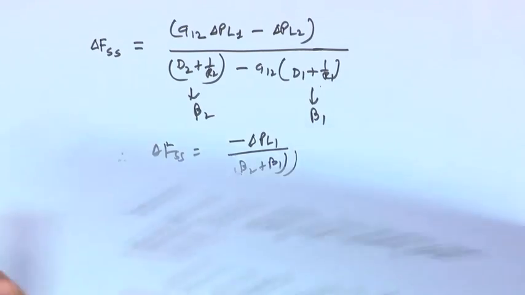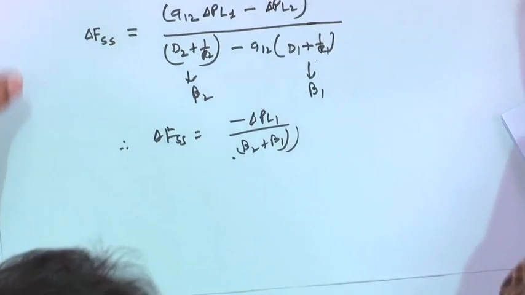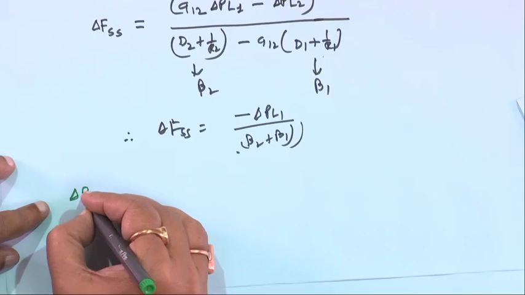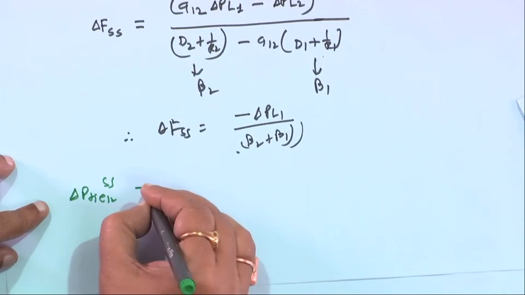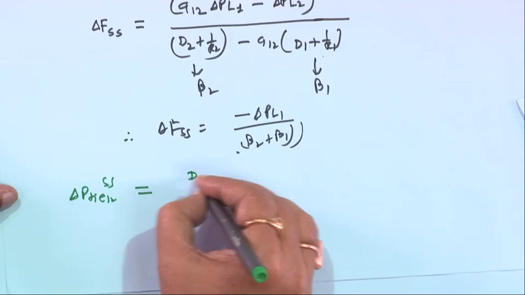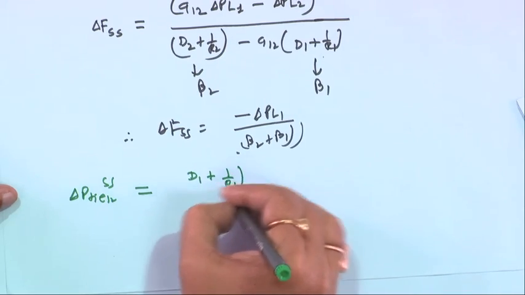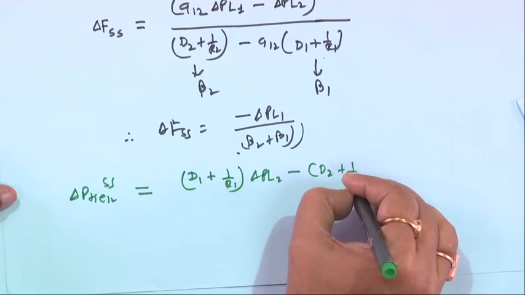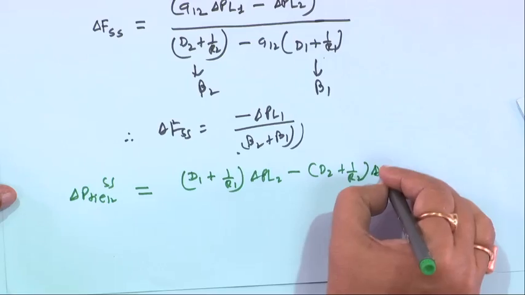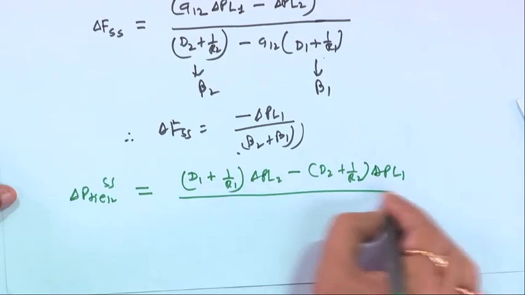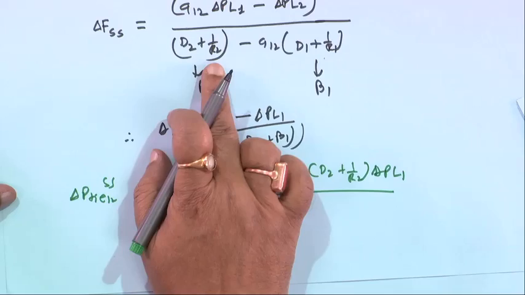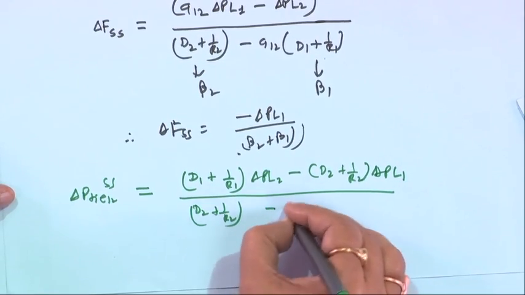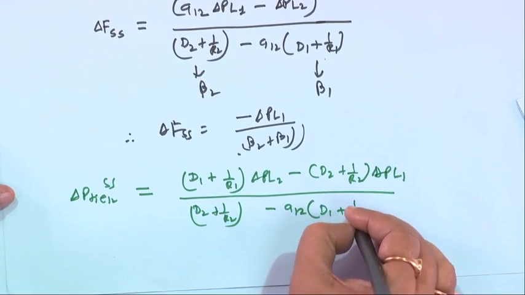Similarly, for the tie line power case, delta P tie 1 to SS, delta P tie 1 to steady state, right, is equal to, actually we got this expression, D1 plus 1 upon R1 delta PL2 minus D2 plus 1 upon R2 delta PL1, right, divided by the same denominator, right, same thing: D2 plus 1 upon R2 minus A12 into D1 plus 1 upon R1.